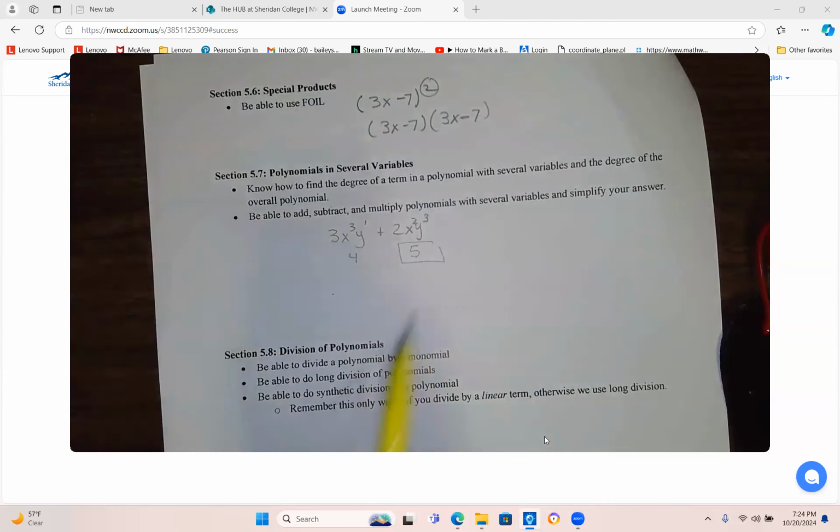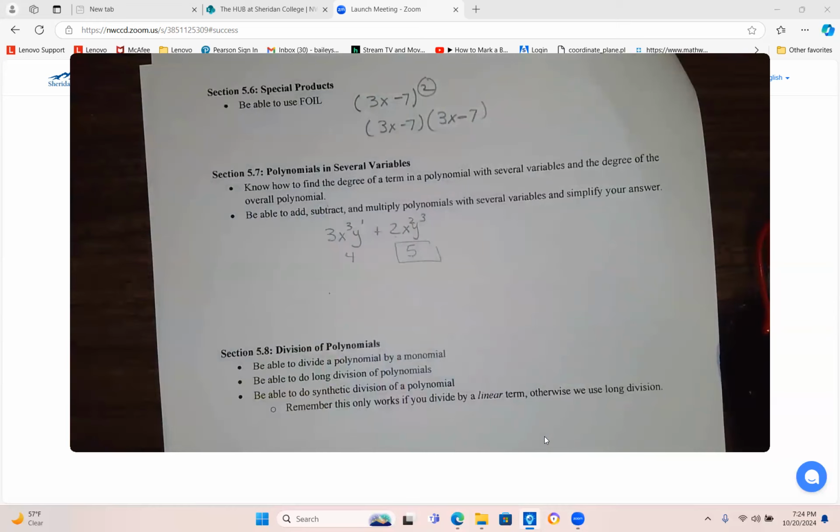Otherwise, if I kept my original, rather than taking the greatest one, if they're both 4, I would have just used 4 as the overall degree of the polynomial. So just add them together and then pick the largest one. And if they're the same, it would just be 4.